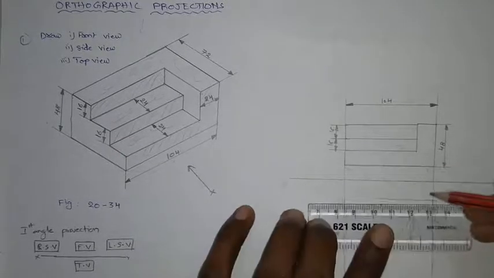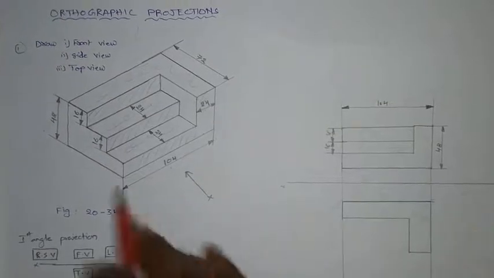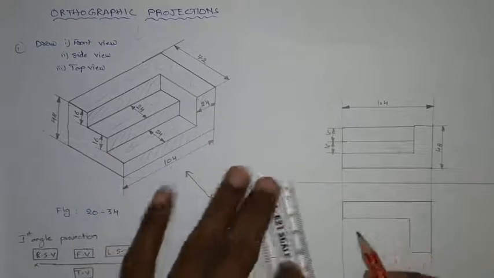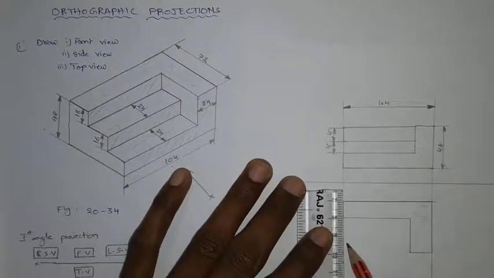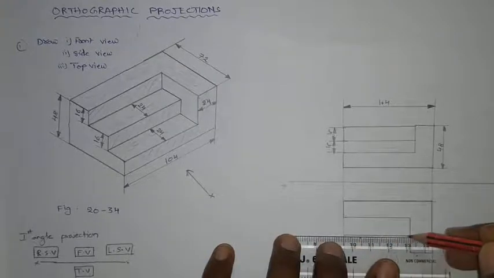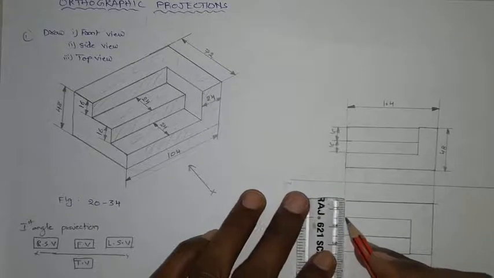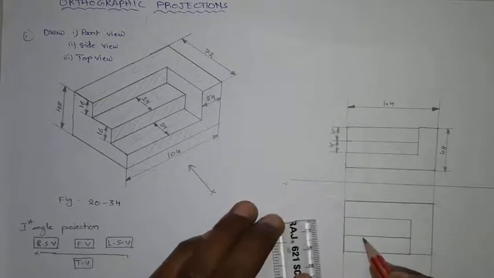Close it. Next, this is 24 and this is 24. From here, mark it as 24, 24, and you can draw two steps in the top view.